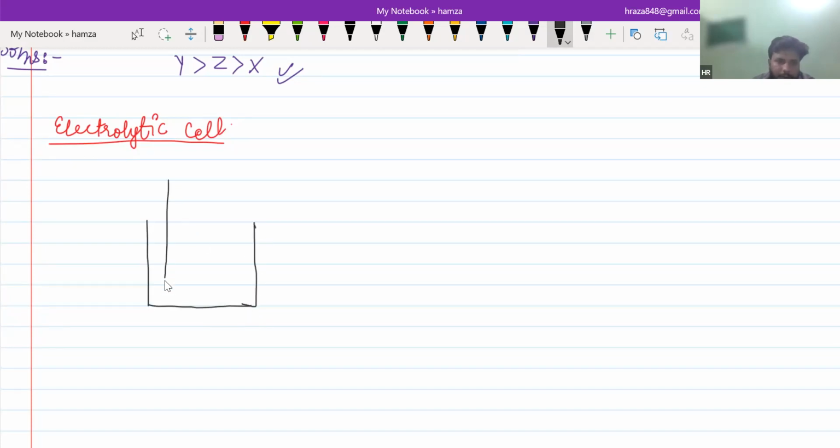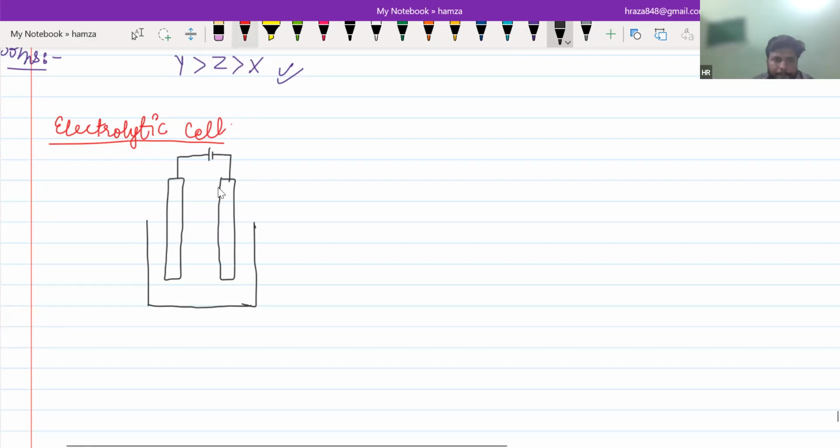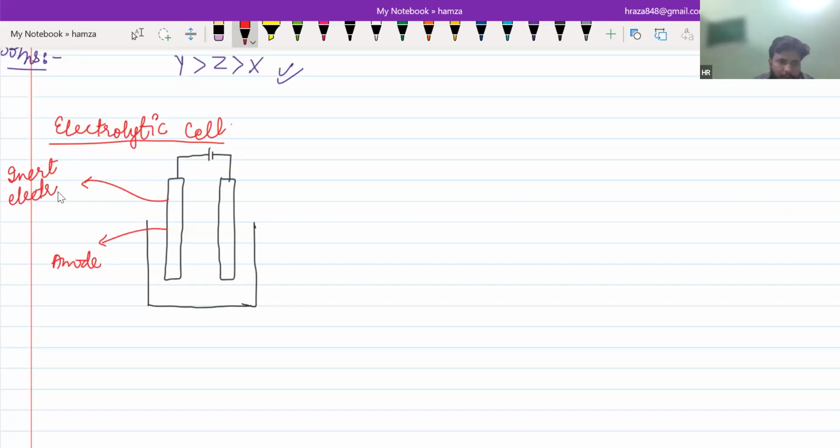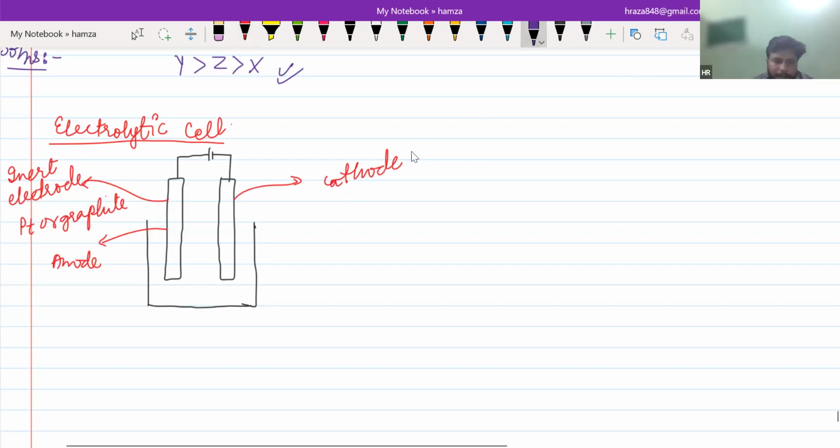This is the anode, and this is an inert electrode, that is platinum or graphite, and this is the cathode.